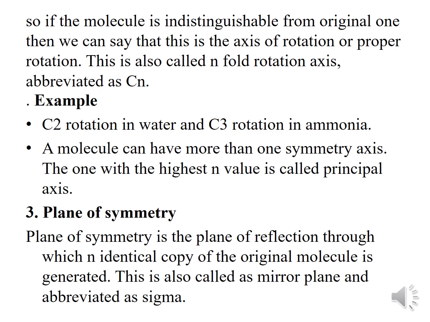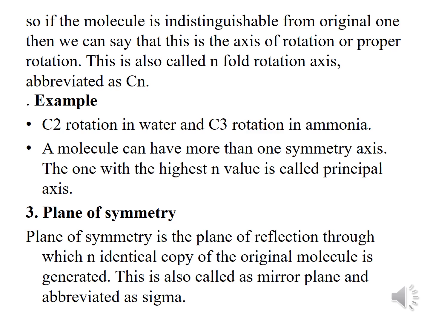This is called n-fold rotation axis, abbreviated as Cn. Examples are C2 rotation in water and C3 rotation in ammonia. A molecule can have more than one symmetry axis. The one with the highest n value is called the principal axis.